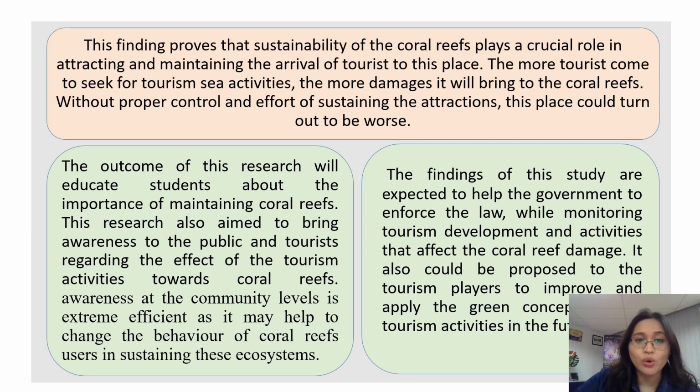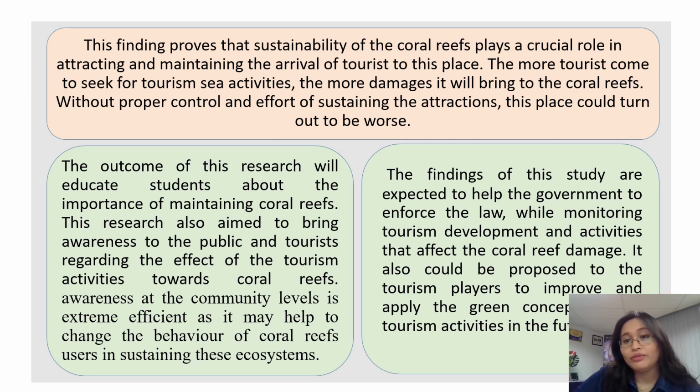This research also aims to bring awareness to the public and tourists regarding the effect of tourism activity on the coral reef. Awareness at the community level is extremely efficient as it may help change the behavior of coral reef users in sustaining this ecosystem.